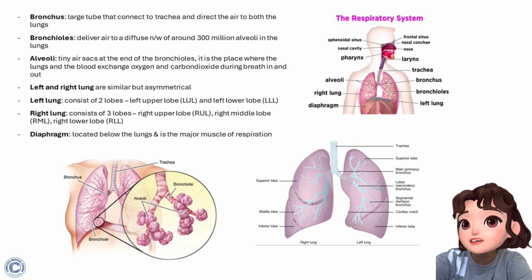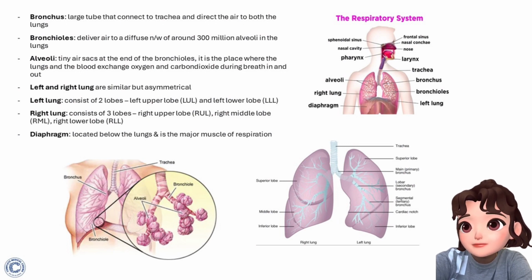You may get questions like RUL, RML, RLL, LUL. That's why I have mentioned the short forms in brackets. So the right lung and left lung look similar but are different because of the number of lobes.